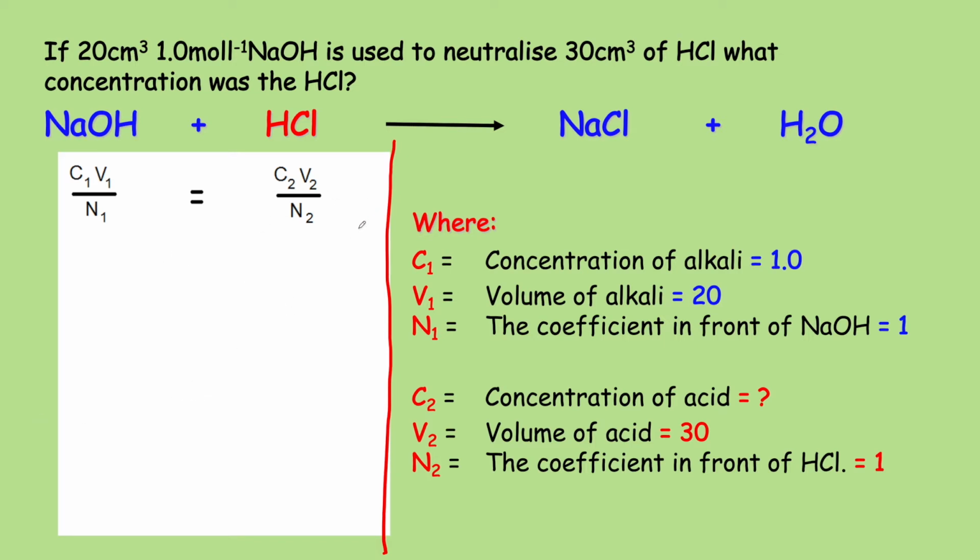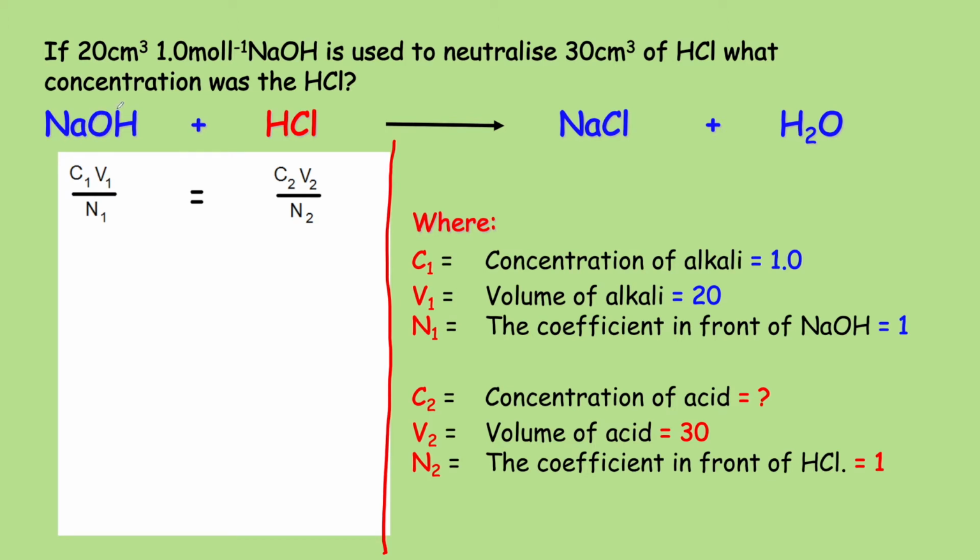So, like I was saying before, this question has a lot of information in it that we need, okay? So I would recommend that you write the C1, V1, N1, C2, V2, N2, and then write what C1, V1, N1 actually are. So our C1, V1, and N1 are talking about our concentration, volume, and our coefficient in front of our NaOH.